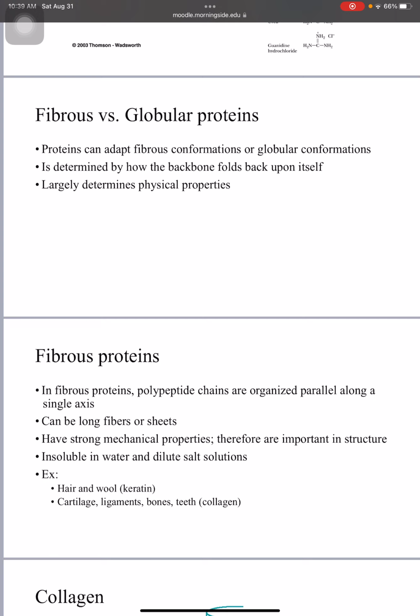Whereas fibrous proteins are more analogous to a rope, right? If you look at a rope, you'll see that it has several little cords that are all twisted around along a central axis, and of course that strengthens the rope, right? That's kind of what fibrous proteins are.